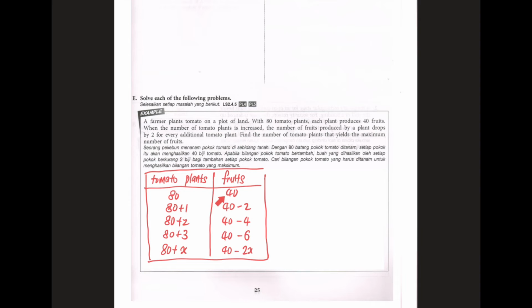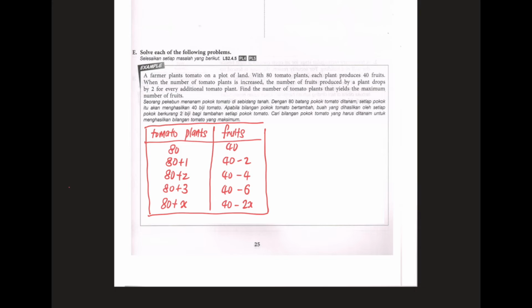Okay, so in general, if you have this amount of tomato plants, and each tomato plant produces this amount of fruits, the total number of fruits should be the multiple of that too.